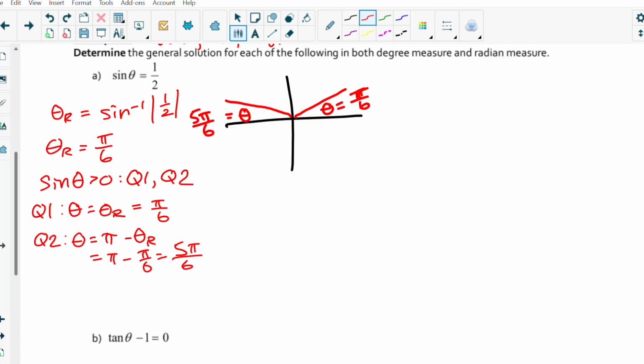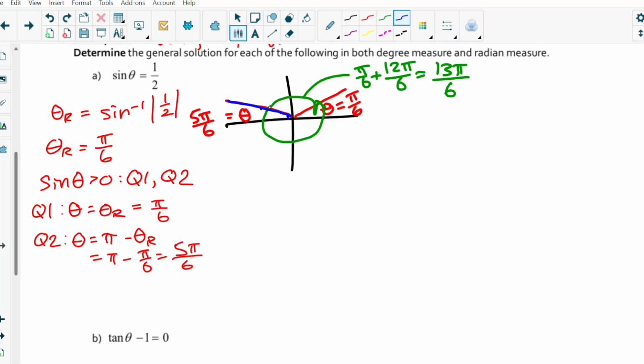When writing my general solution, I can add 2 pi, which is 12 pi over 6. If I start here and add 2 pi, I go one rotation around. That angle is pi over 6 plus 12 pi over 6, which is 13 pi over 6.